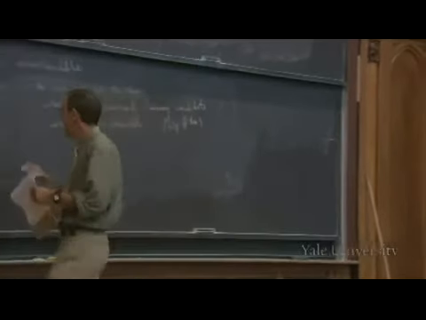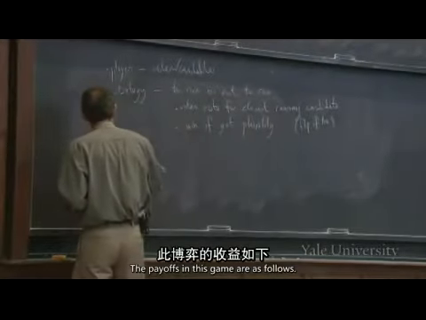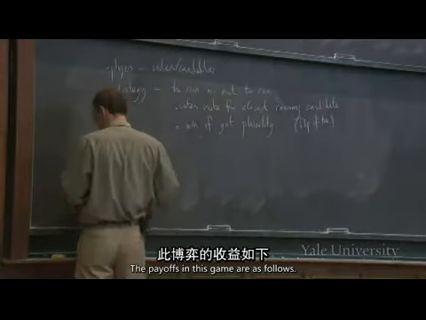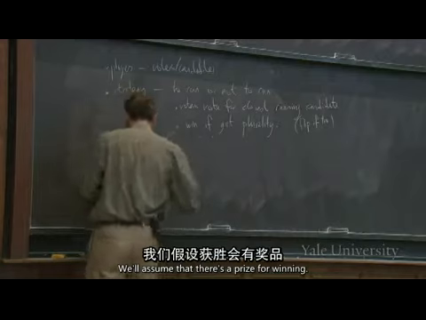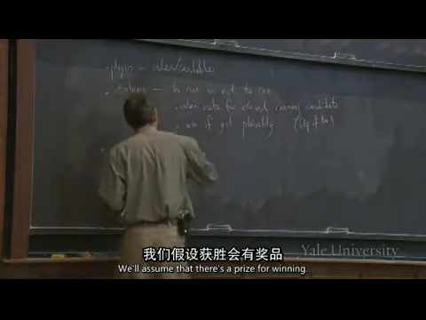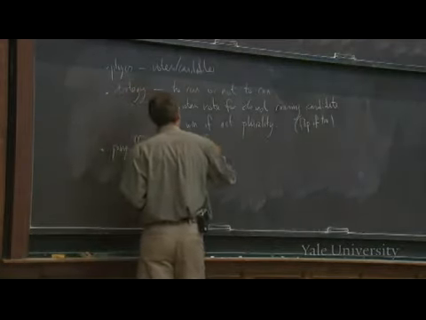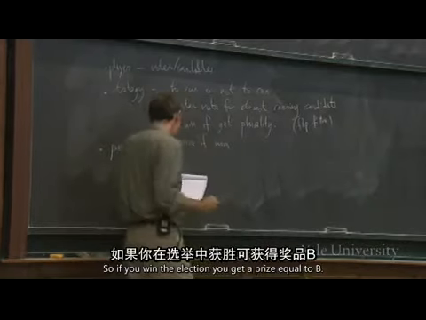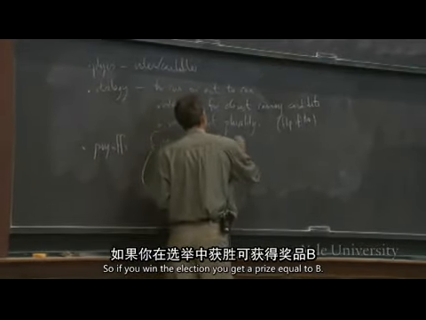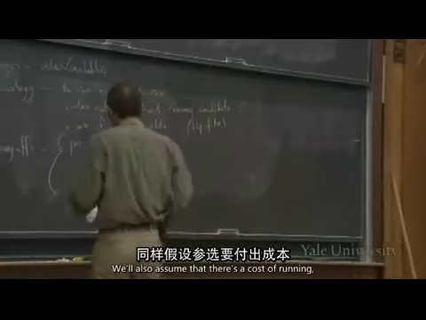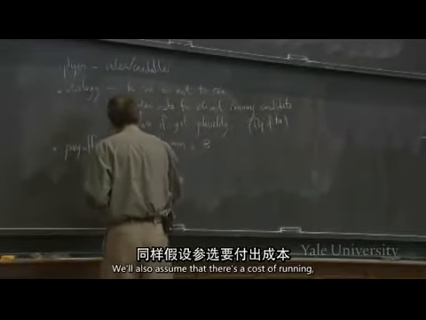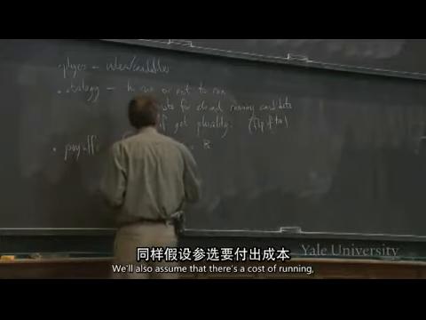All right. And the payoffs in this game are as follows. We'll assume that there's a prize for winning. So if you win the election, you get a prize equal to B. We'll also assume that there's a cost of running.